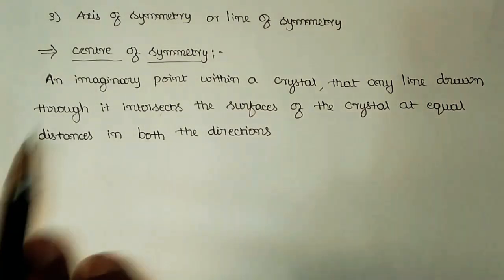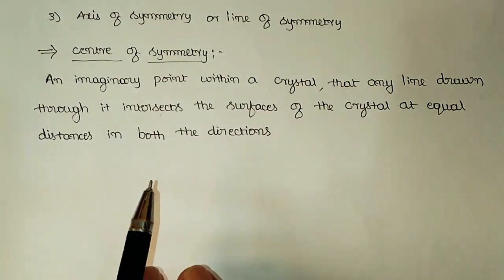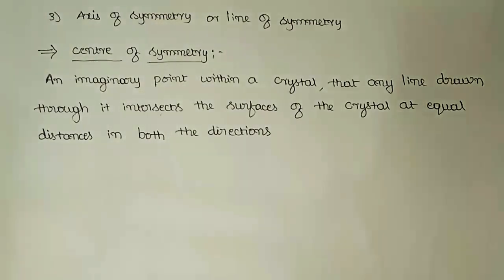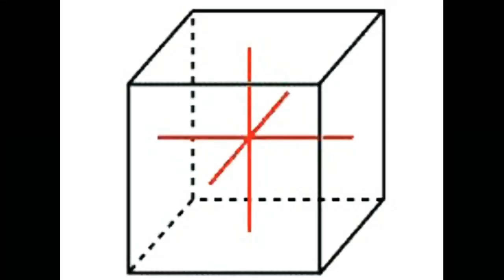Let us see how the center of symmetry appears in a crystal system. So here is one cubic crystal wherein there is one imaginary point here, and through that imaginary point lines have been drawn to the opposite faces, wherein from the point the faces meet at the same distances, as you can see in the picture.